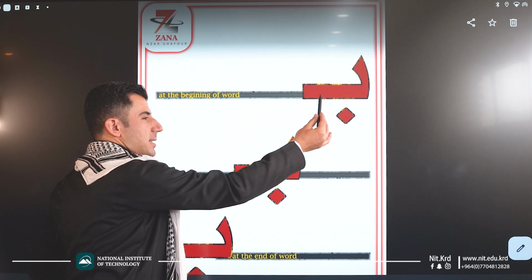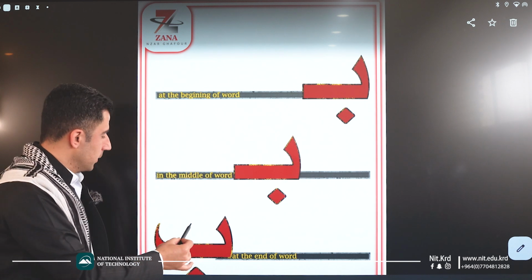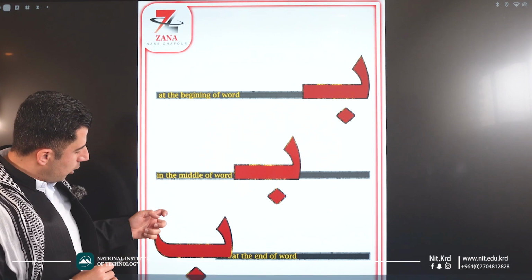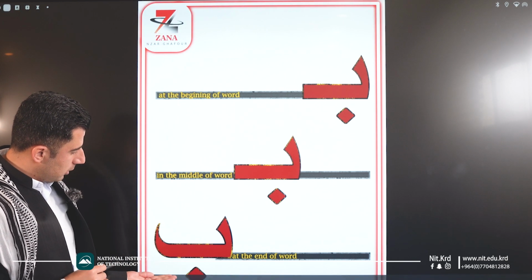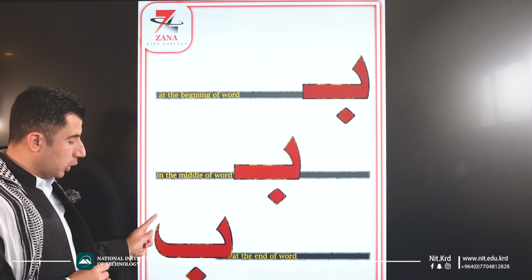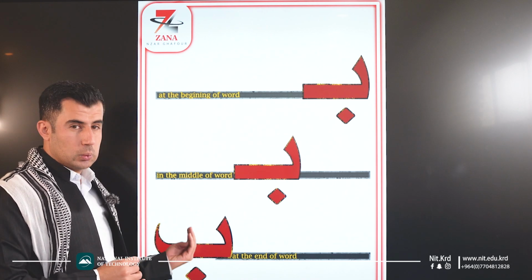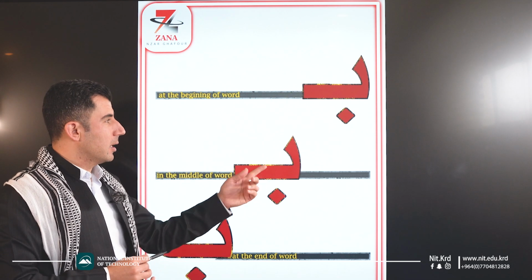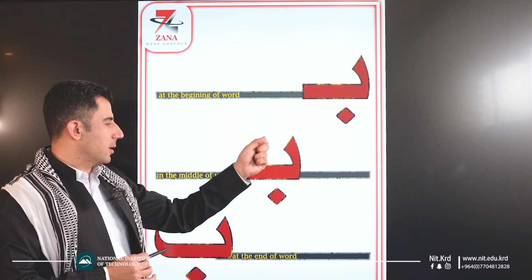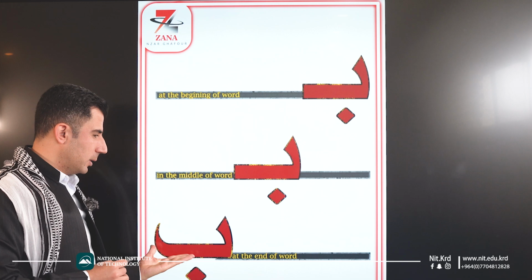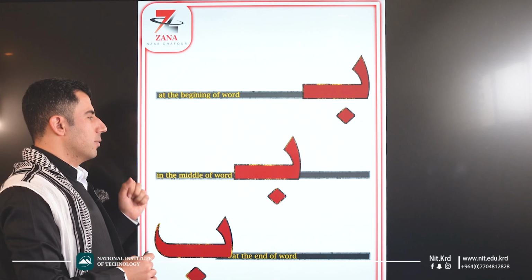In the middle it is the same, but at the end of the word it is like this. Have a look. Good. We have to close it if we use it at the end of the word, because these are different. This one is for the beginning of the word, this one is for the middle, and that one is for the end of the word.